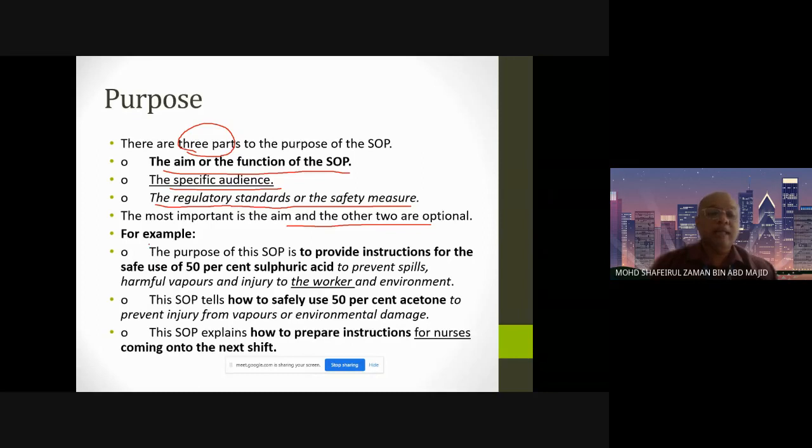Let's say here, number one, the example: the purpose of this SOP is to provide instructions for the safe use of 50% sulfuric acid to prevent spills, harmful vapors, and injury to the worker and environment. So what is the aim of you creating the SOP?